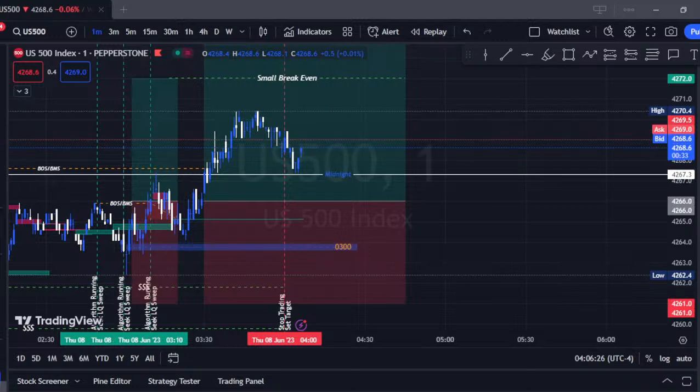Power of three. I heard that from ICT, but I forgot what that meant. Can you remind me? Let me remember. Accumulation, distribution, and whatever. I think accumulation, M for manipulation, and D for distribution.